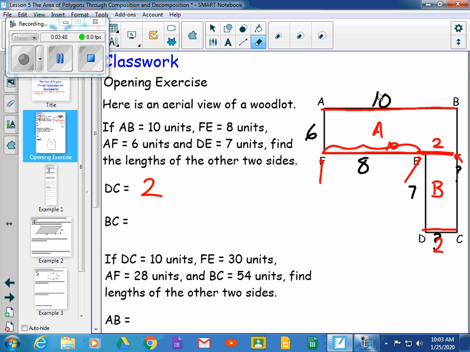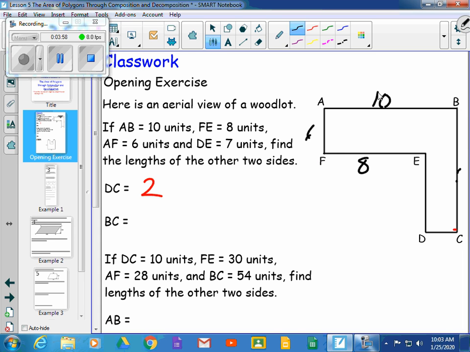Now I'm going to erase some information here so it's not quite so jumbled up. Okay, now we have to find this BC over here. And if I put my line back right there, I can use that line.